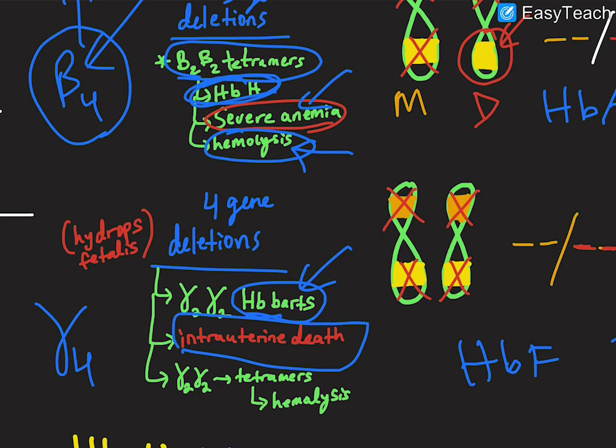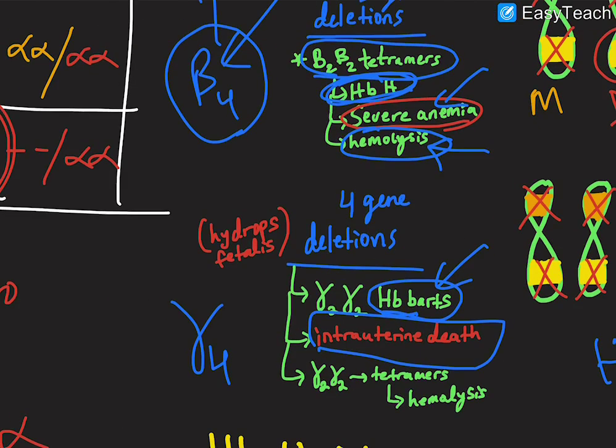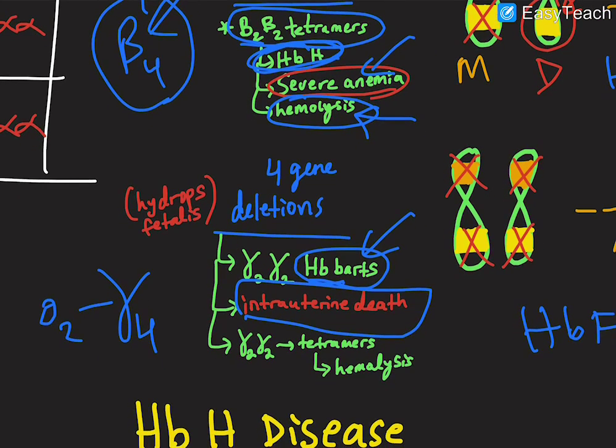Because gamma tetramers have a much higher affinity for oxygen than normal hemoglobin. They're not going to let go of the oxygen, so your tissues won't get any oxygen, because normal hemoglobin is supposed to carry that oxygen to your tissues and deliver it. Gamma tetramers love this oxygen.